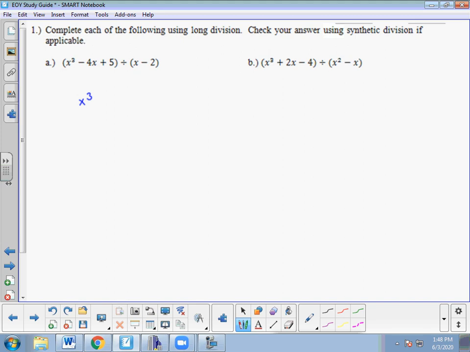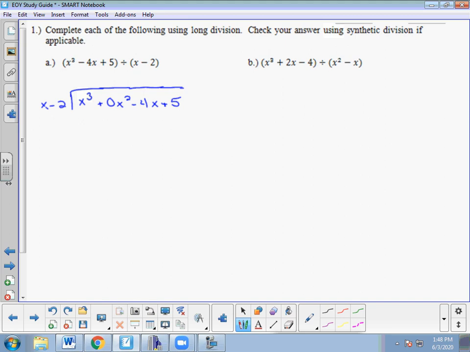Notice our polynomial that's being divided, x cubed minus 4x plus 5, skips the term x squared. Essentially, there's 0x squared as one of these terms. Generally, we don't write that down, but I'm going to put it down here in case we need the placeholder. So the dividend goes on the inside of the division symbol, the divisor on the outside.